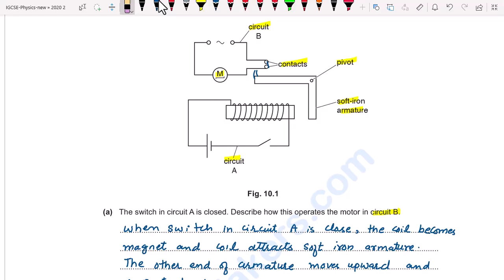So when there is no magnetic field, then the soft iron armature will push away and come back towards its original position, and it also moves from the upper side in a downward direction, and the contacts separate from each other, due to which there will be no current in the circuit B and the motor in the circuit B does not operate. And then we have to replace the soft iron armature with the steel.